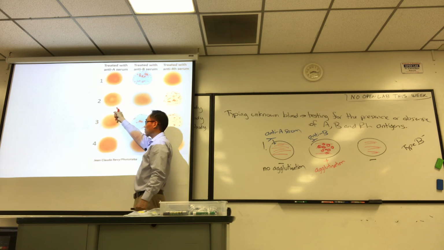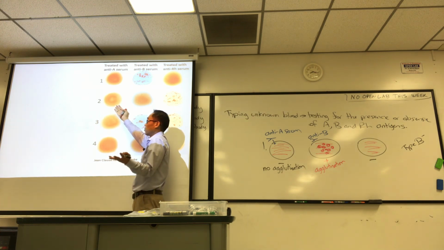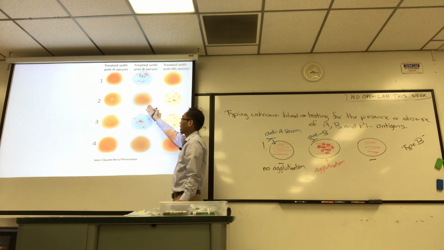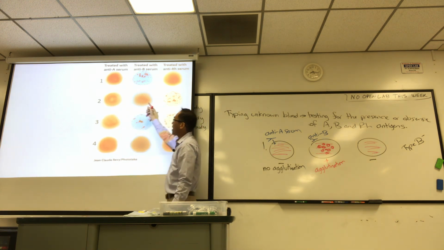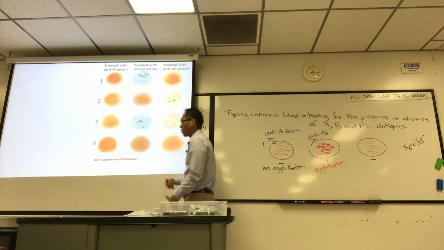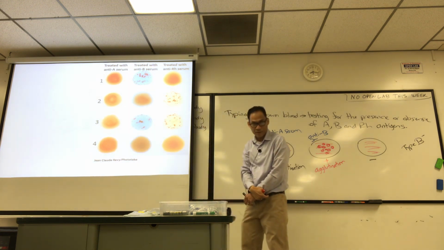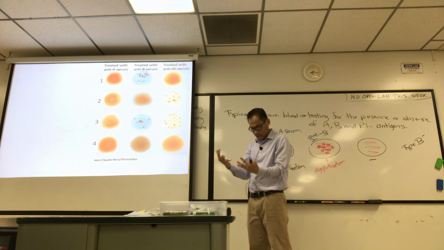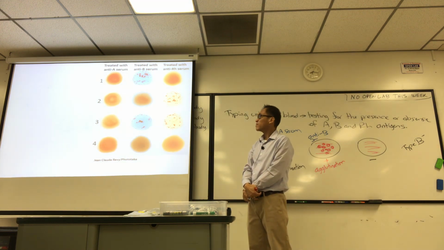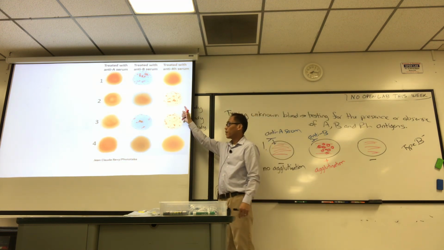Positive or negative for agglutination for A and B? There's no agglutination. Negative, negative. So if A and B are both absent, what type are they in the ABO system? Type O. What about the Rh system?